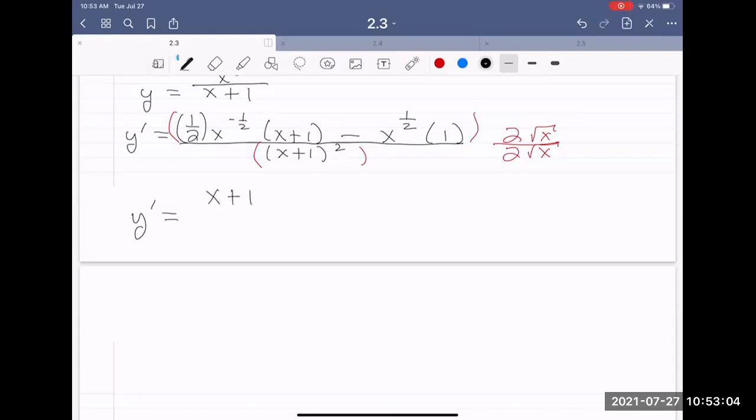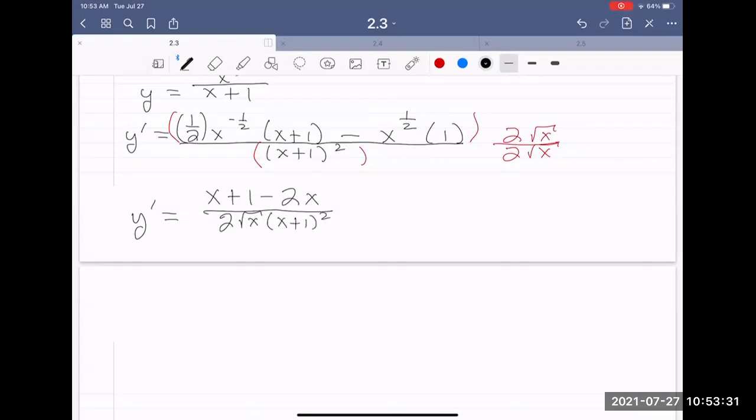Next, 2 times -1 is a -2. x to the 1/2 times x to the 1/2 is just x. Over 2 rad x, x plus 1 squared.